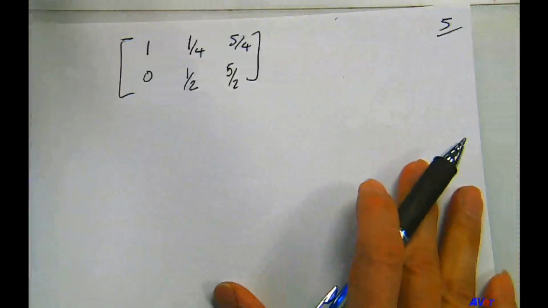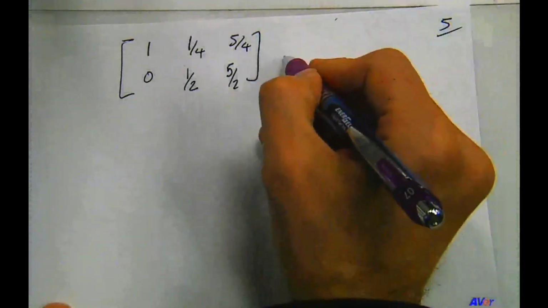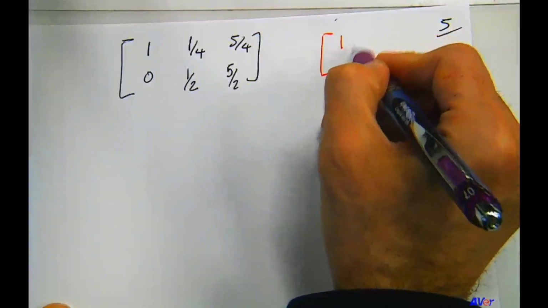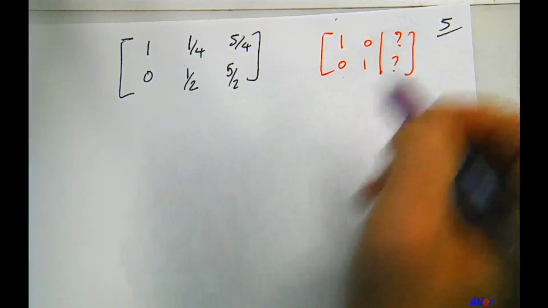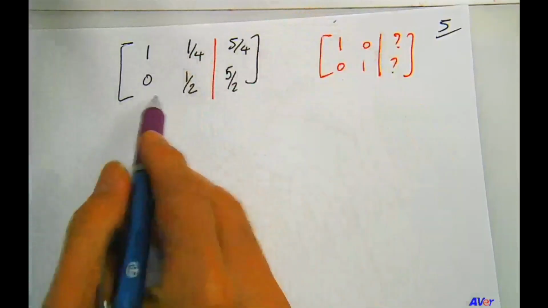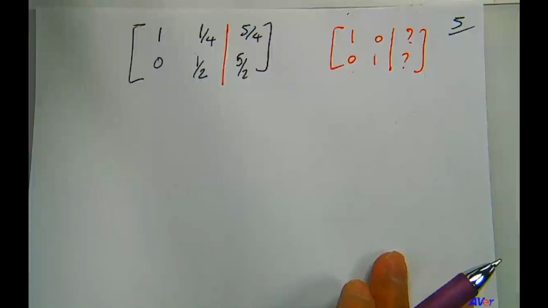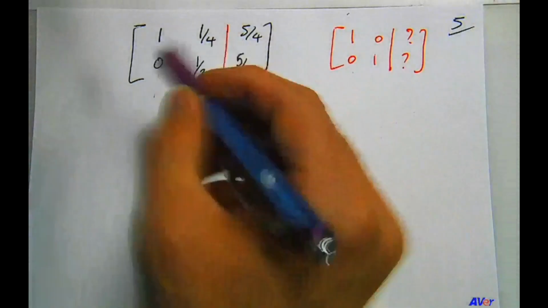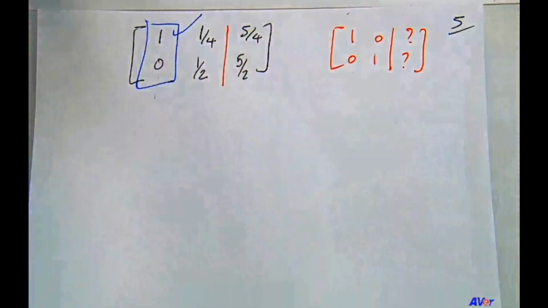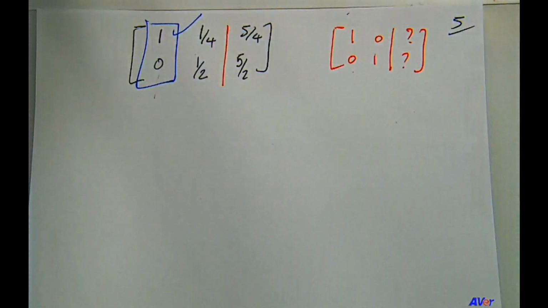Compare this with the reduced row echelon form, which is 1, 0, 0, 1, and then we have these numbers that will tell us the solution of the system, right? Compare this with that. Do we have the first column? Yes, it's done, right? That column is done, and we're sweeping column to column.